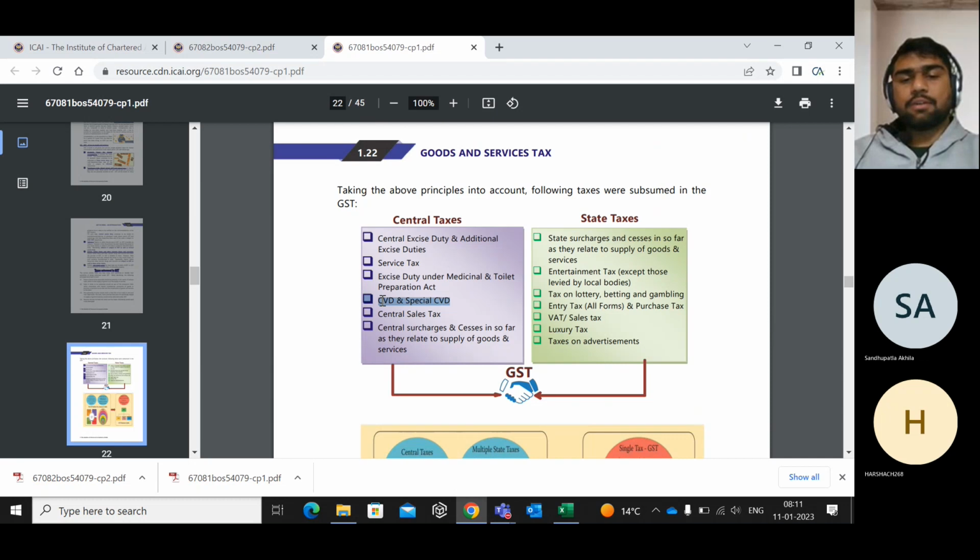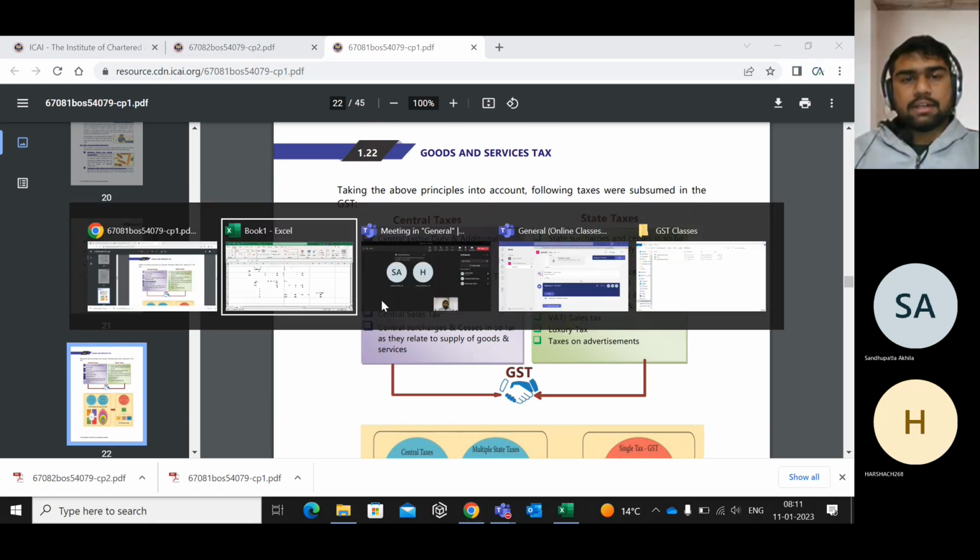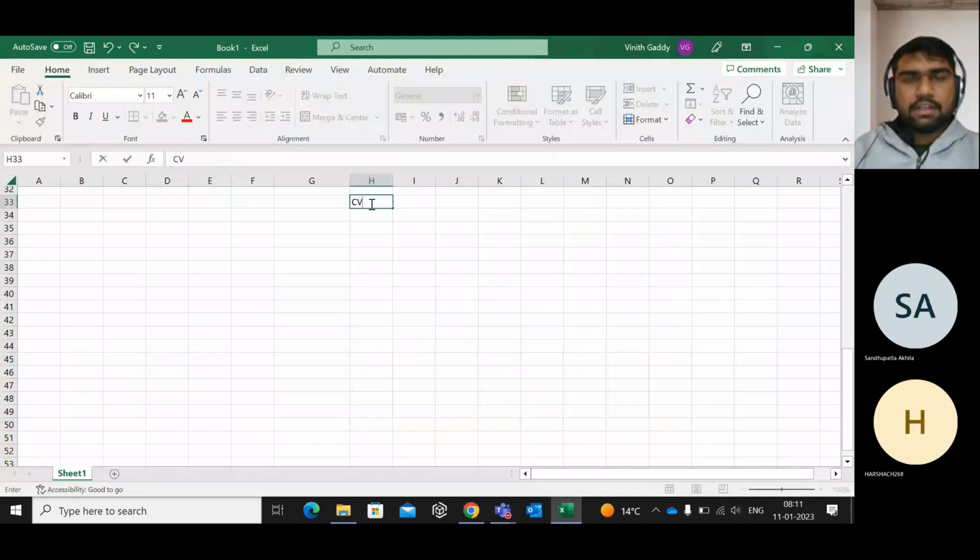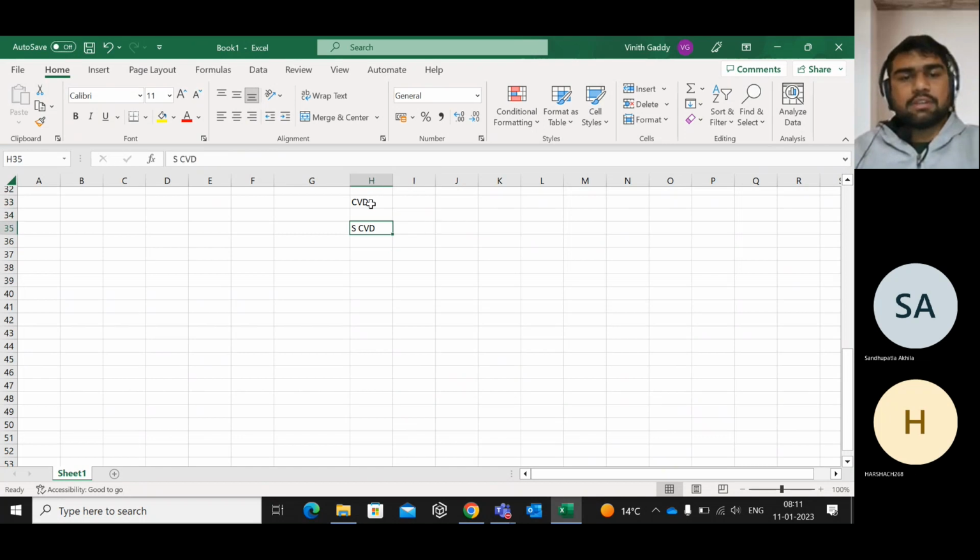This is levied when goods are imported from another country. Let us take one example here. You will clearly understand what is this CVD and what is this special CVD. Countervailing duty, special countervailing duty.